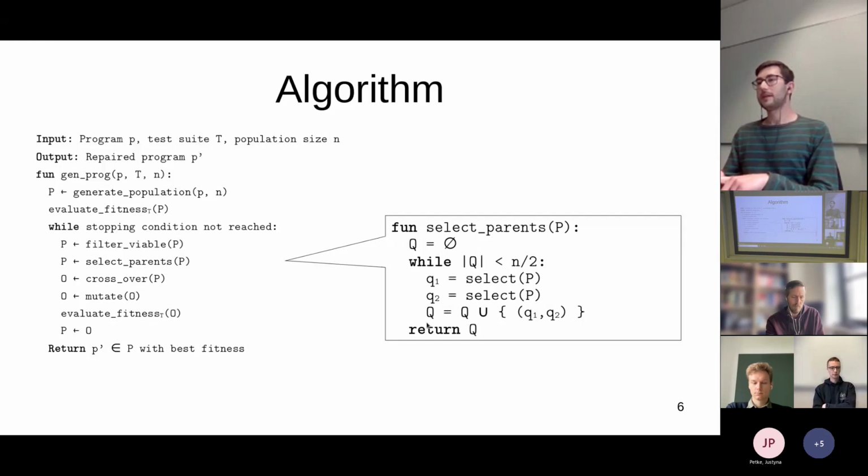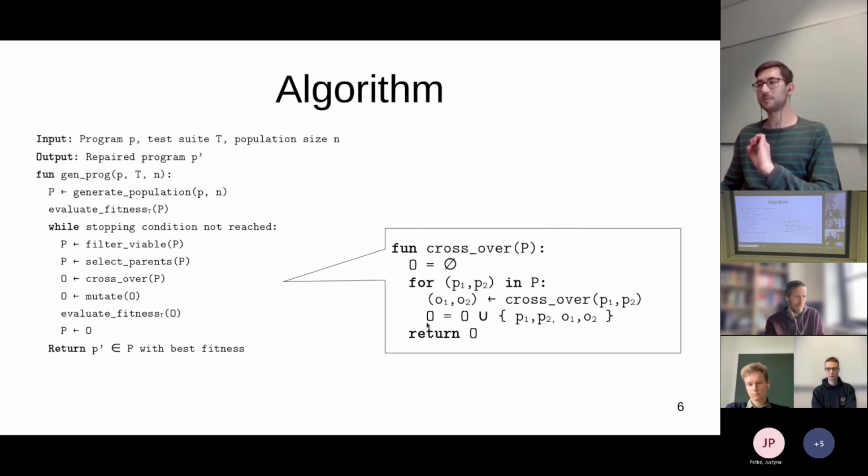One special thing, though, is that GenProg only selects n divided by 2 parents, and in the subsequent crossover phase puts back parents and the generated offspring in the population. So I think that's rather unusual or special.